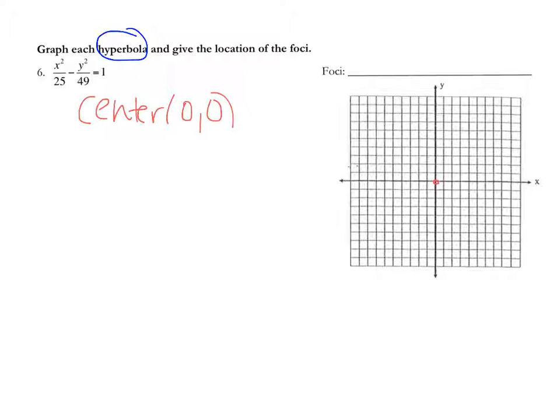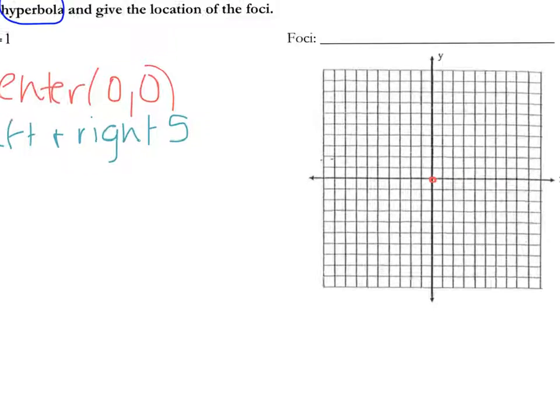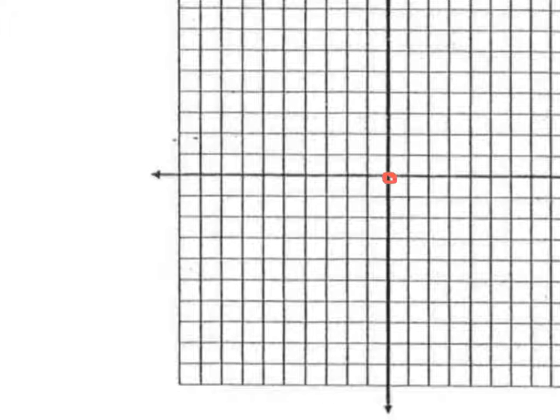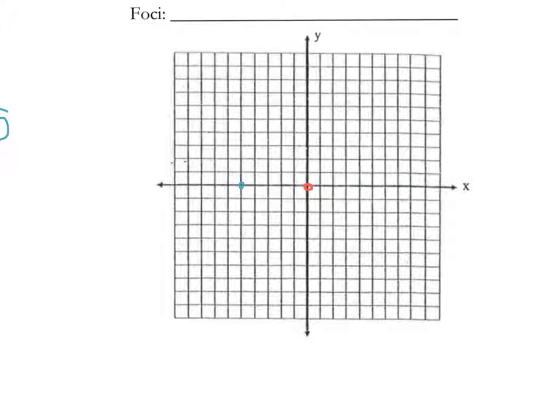Then we look at the first fraction. And it tells me that I'm going to go left and right 5. Since x is on the top, that's what tells me the direction. And since the square root of 25 is 5, that's where I got 5 from.